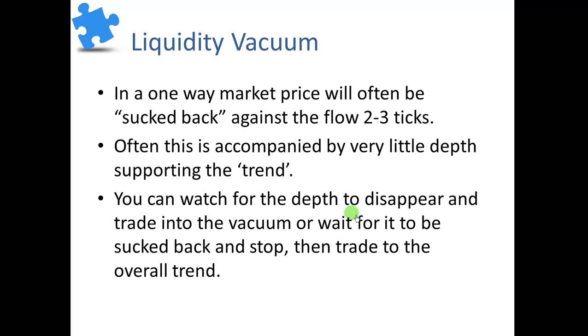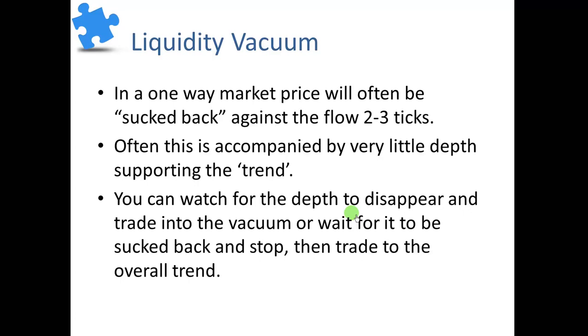Okay, if it's not weaker, if there's real momentum there that you can see, it's not a vacuum. Now, liquidity vacuums tend to be uniform in size. So on the ES, you're probably going to see 6 to 8 tick pullbacks on the way down. And then when that market reverses up, as the ES does 3 or 4 times a day, you're going to see the exact same size pullbacks on the way up.